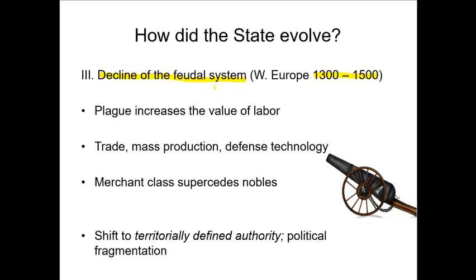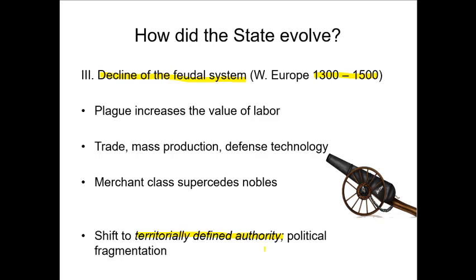And so all of this combined, as feudalism declines, we start to see a shift to what we call territorially defined authority. And particularly in the Western European region, they started to fragment along their cultural lines. The Brits, the Huns, the Huguenots, the French, the Italians, the Spanish, the Belgians, the Danish.